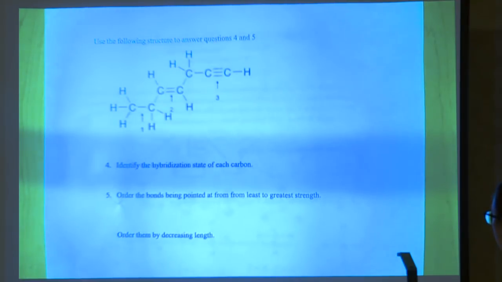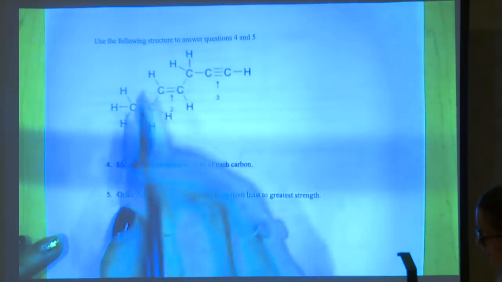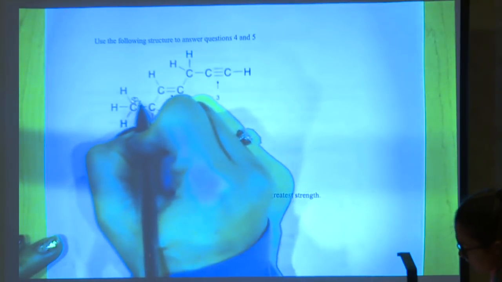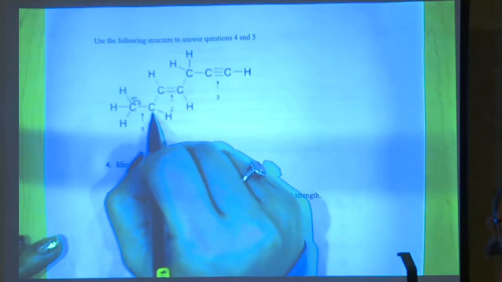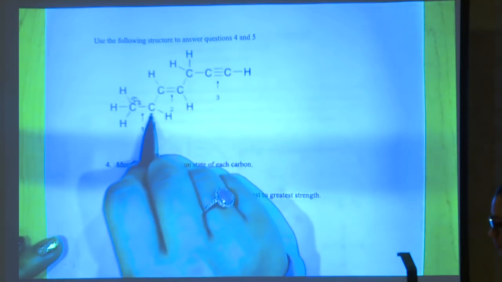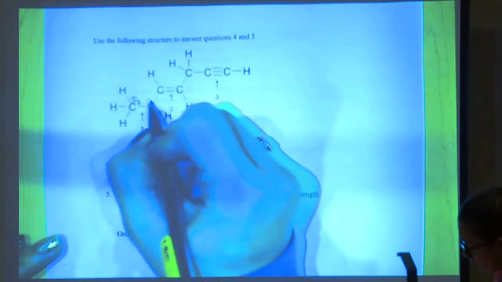So number 4 is identify the hybridization state of each carbon. So we'll start over here. What's the hybridization of this one? Okay. This one right here. Okay, good. So this one's also sp3.